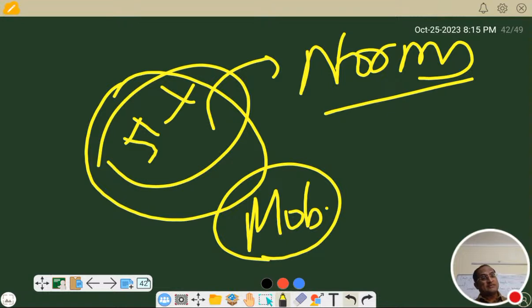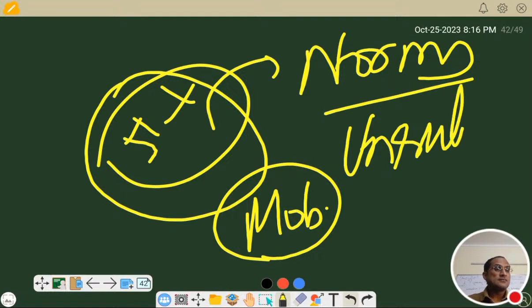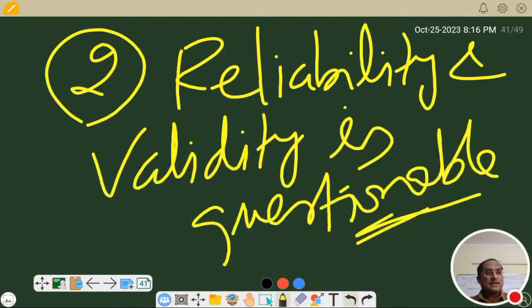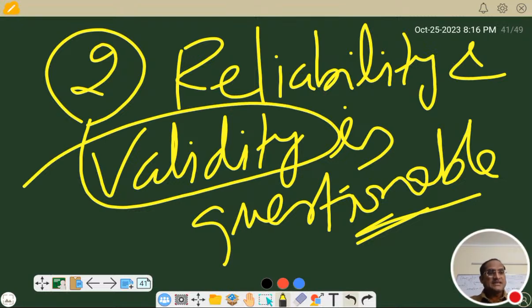There is no responsibility, no accountability for the behavior done. So the mob in most cases behaves in an unruly manner. So the validity of the behavior is definitely questionable through the method of observation.